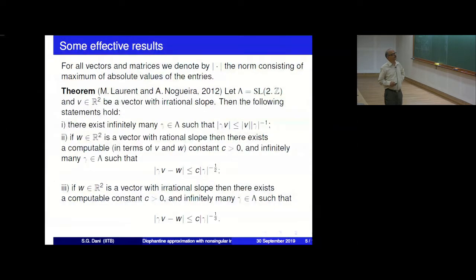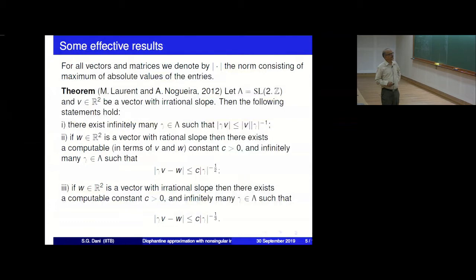In other words, given the vector, there exists a constant such that you can find infinitely many gammas. That will enable you to make this smaller and smaller, as small as you wish, and you can have gammas for which this holds.